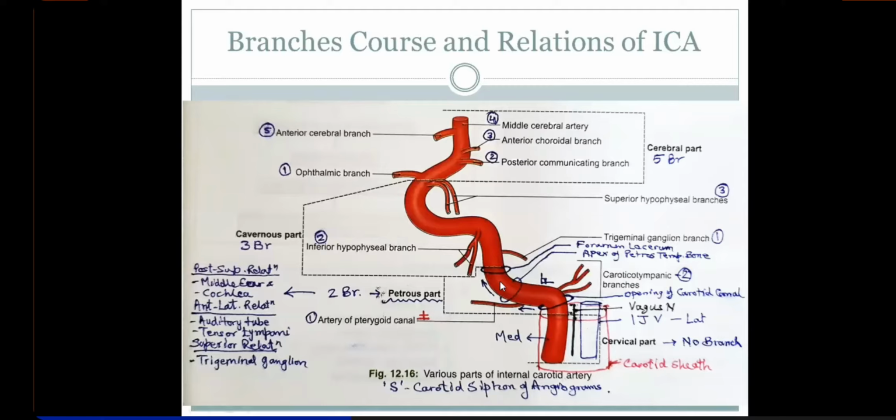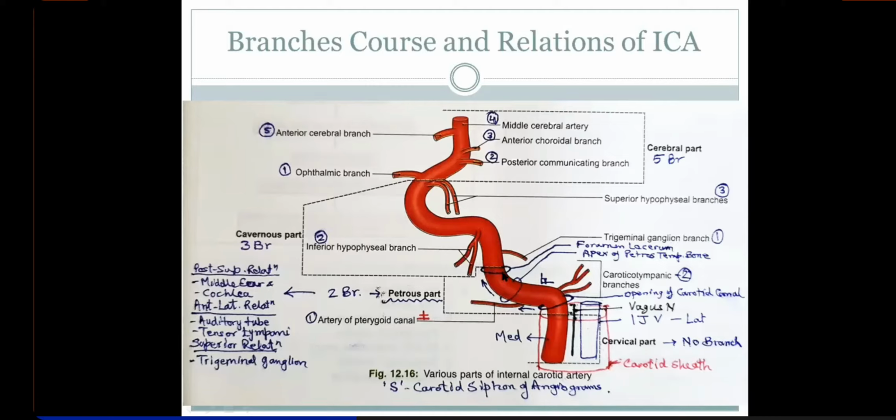So after a small course through the foramen lacerum, this portion which passes from the apex of petrous temporal to the upper border of foramen lacerum, this course is upwards and medially. In the petrous temporal bone, it was forward and medially, then within this foramen lacerum, it is upwards and medially.